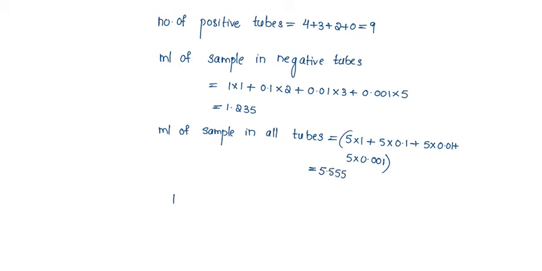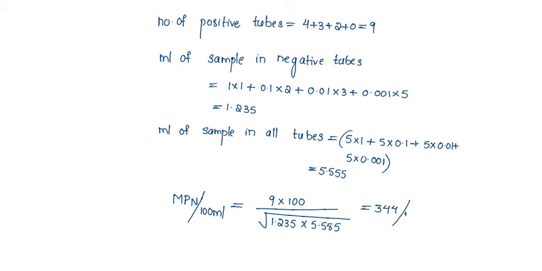So using Thomas equation, MPN per 100 ml will be equal to number of positive tubes, that is 9, into 100 by the square root of ml of sample in negative tubes, that is 1.235, into ml of sample in all tubes, that is 5.555, which will be equal to 344 per 100 ml.